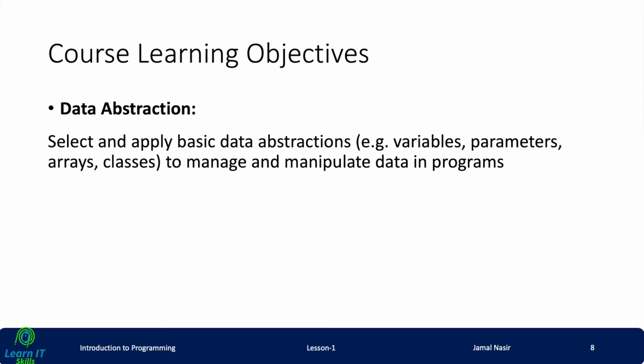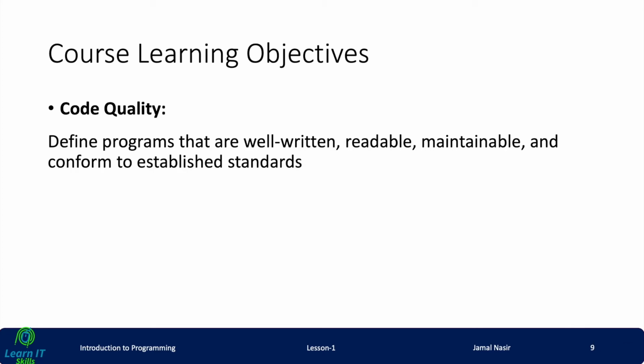Data abstraction: select and apply basic data abstractions like variables, parameters, arrays, classes to manage and manipulate data in programs. Code quality: define programs that are well written, readable, maintainable, and conform to established standards. So this is very important as well.